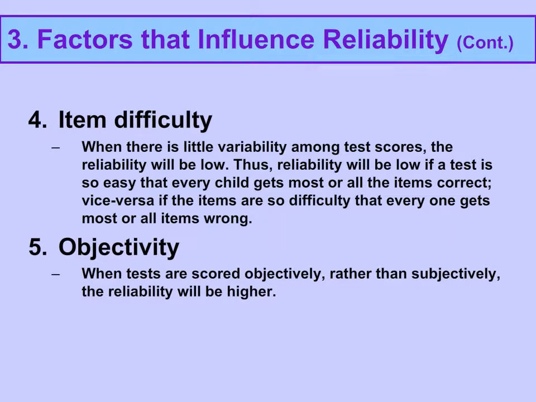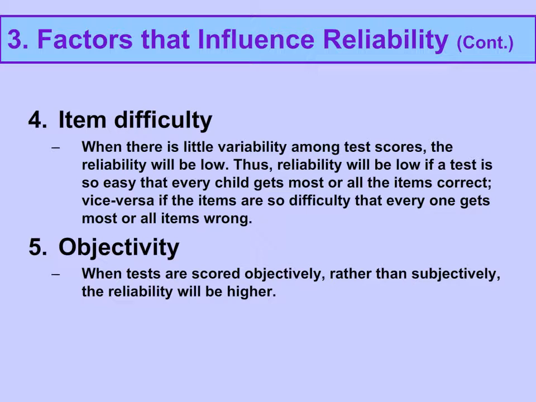Item difficulty is extremely important in establishing reliability. That is why some reliability studies are focused just on test items. There should be some hard questions, some easy questions, and many that are in the middle.